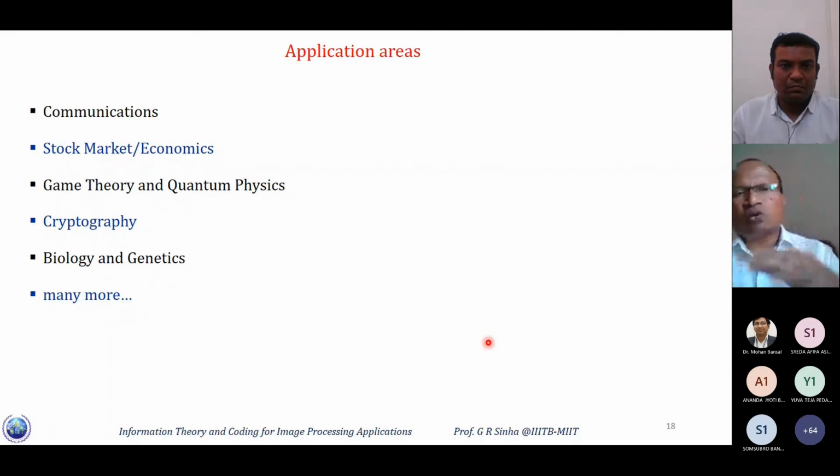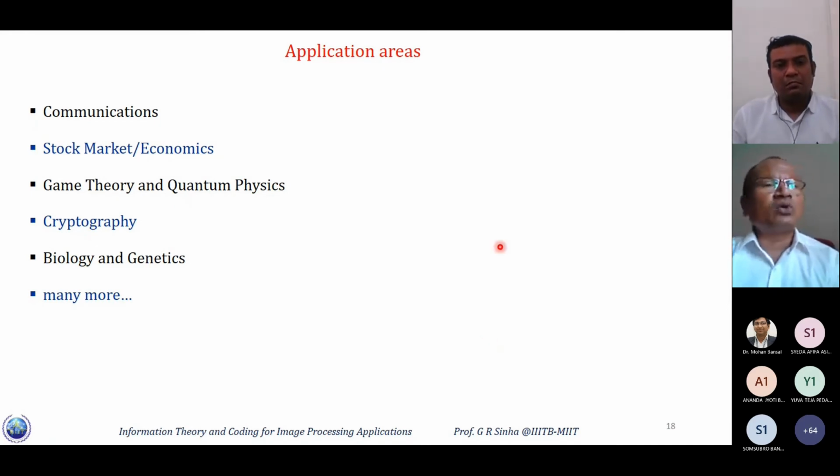So I'm just coming to the end of the first part because we have to complete the entire thing in around 1 hour or slightly more. There are application areas where information theory and coding is finding its dominance. The emerging areas include communication, stock market analysis, and economics, where a lot of economic growth indicators and assessment parameters are evaluated by using information theory and coding.